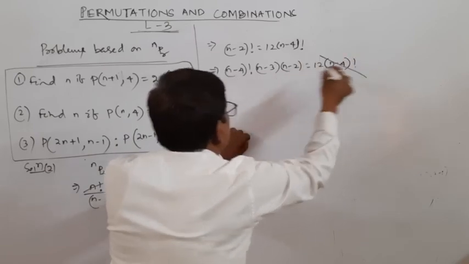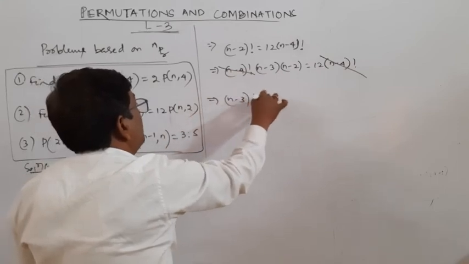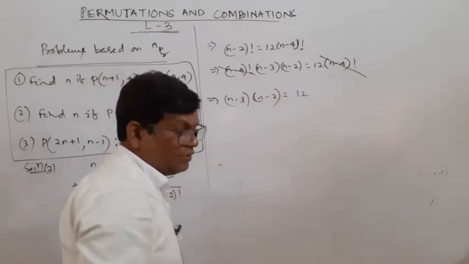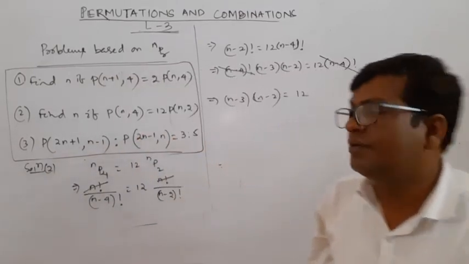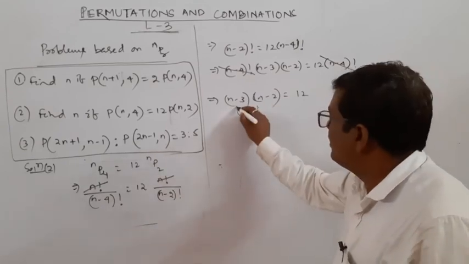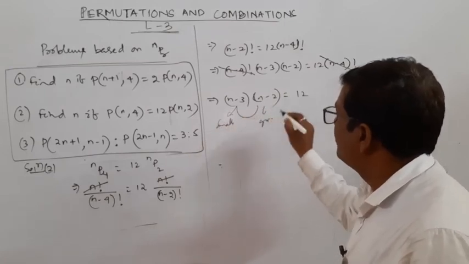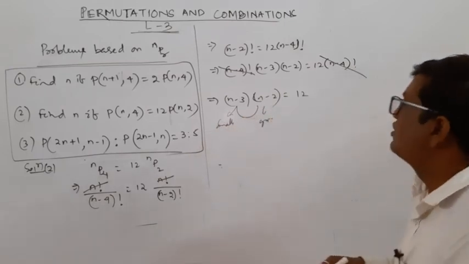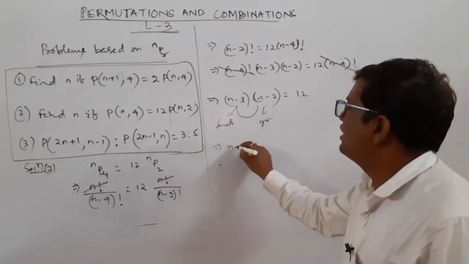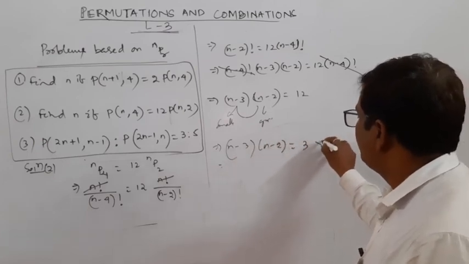The (n minus 4) cancels, and (n minus 3)(n minus 2) is equal to 12. These are two consecutive numbers, so break 12 as 3 into 4. So (n minus 3)(n minus 2) is equal to 3 into 4.